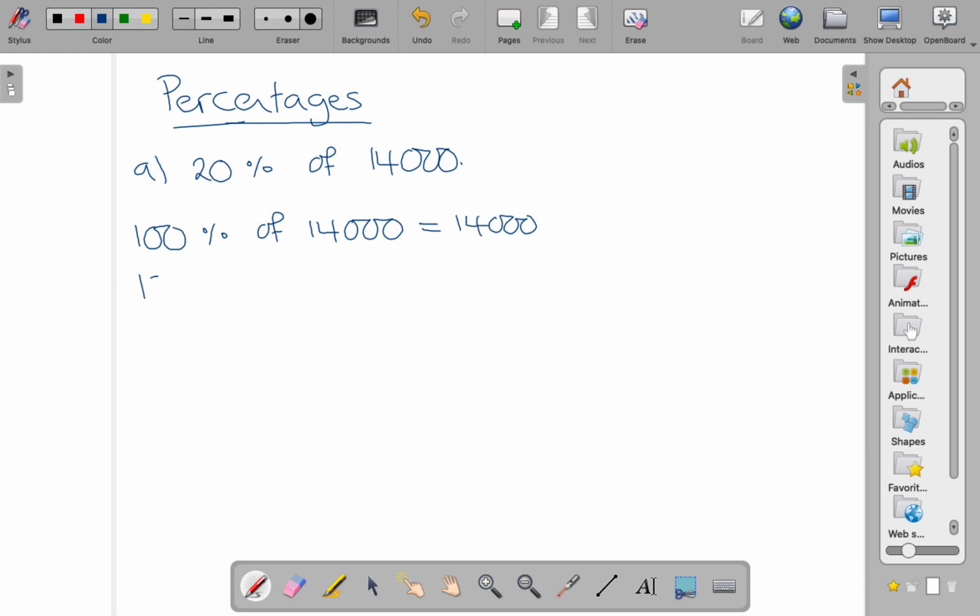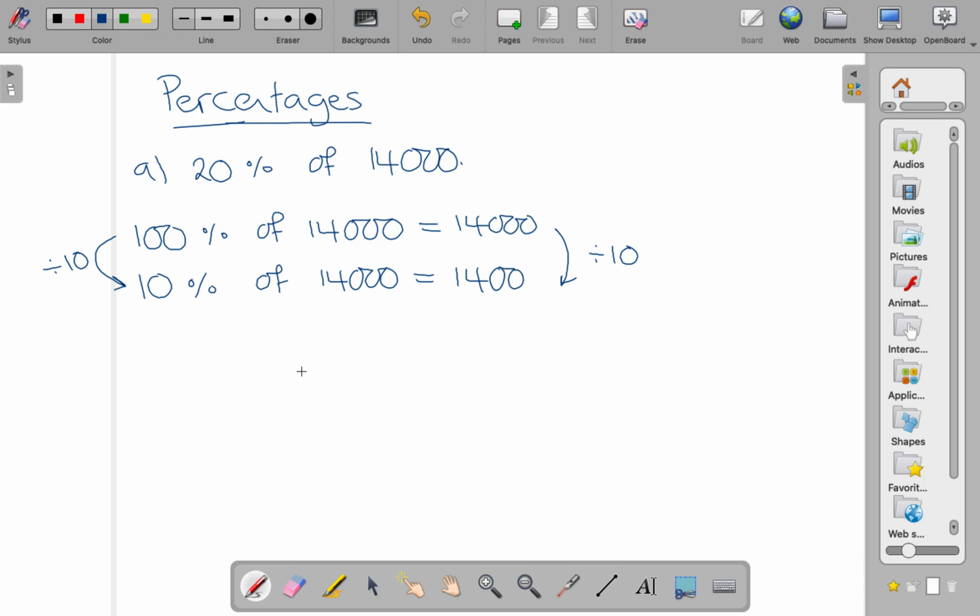So then if we say, well, what about 10%? Well, to get from 100% to 10%, we have divided by 10. So if we know that 100% is 14,000, then 10% must be 14,000 divided by 10, which is 1,400.